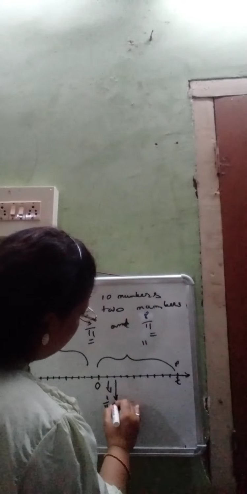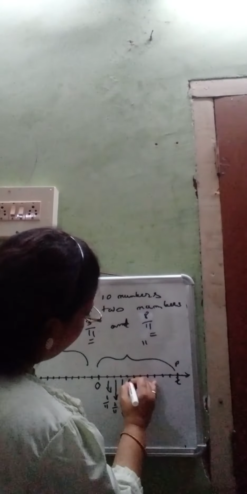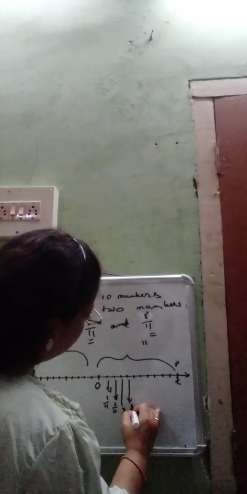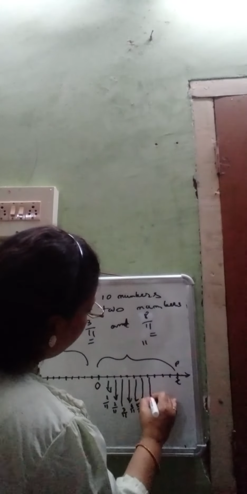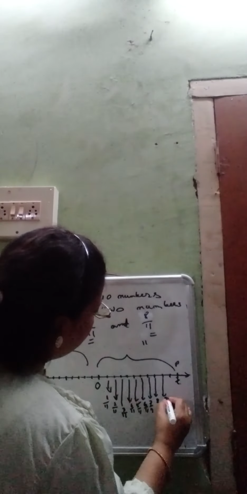The second point will be 2 by 11. The third point will be 3 by 11. The fourth point will be 4 by 11. The fifth point will be 5 by 11, the sixth 6 by 11, the seventh 7 by 11, the eighth 8 by 11, the ninth 9 by 11, the tenth 10 by 11, and the eleventh point will be 11 by 11.